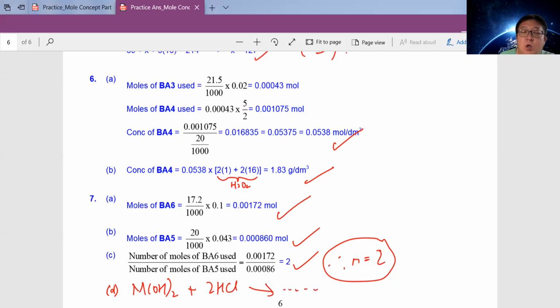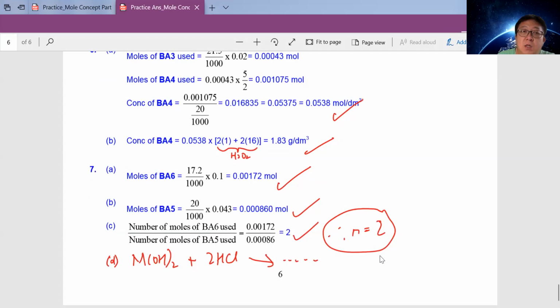The salt plus the water. Can you tell me which group M is in? Let's say the question doesn't ask you for C, they ask you which group M is in. What do you think is the answer? Which group is M in?